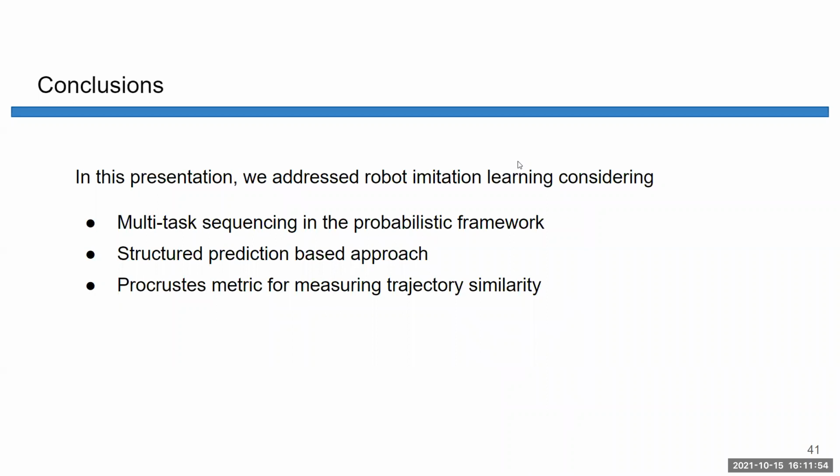So to conclude, in this presentation, we mainly addressed robot imitation learning. First, we saw multitask sequencing in a probabilistic framework. But we noticed that sometimes we need to consider robot orientation or data that possess complex structure.